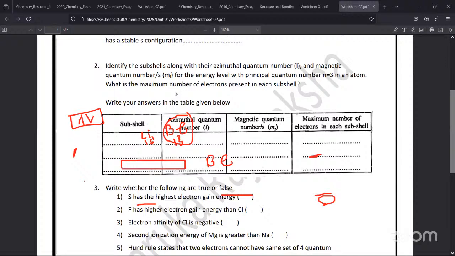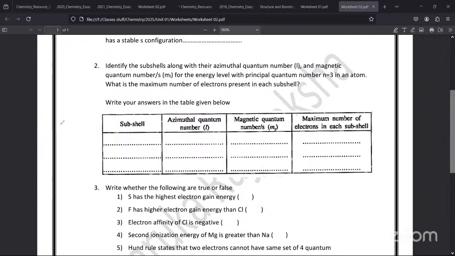L goes from 0 up to n minus 1, so L can be 0, 1, 2. We did this in class.